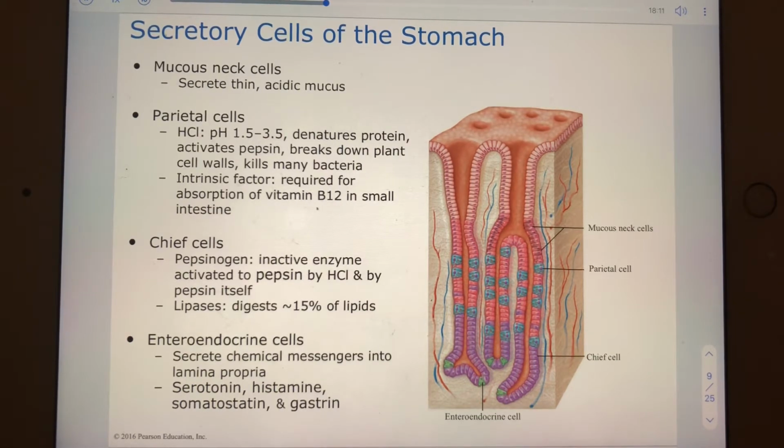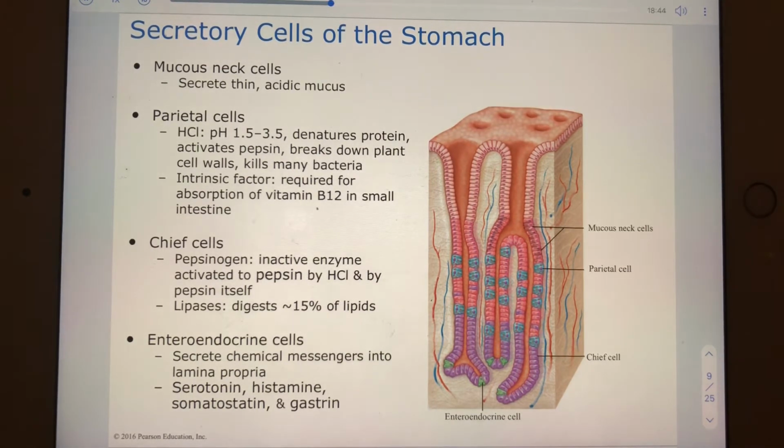And then the other big job of the parietal cells is to produce intrinsic factor. And I may have mentioned before that if you had no stomach at all, if we removed it from you, chances are you would survive. But the one aspect of not having a stomach that would threaten you most is that you wouldn't make intrinsic factor.